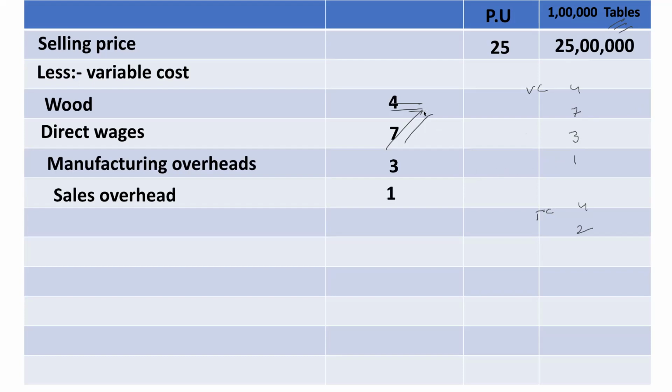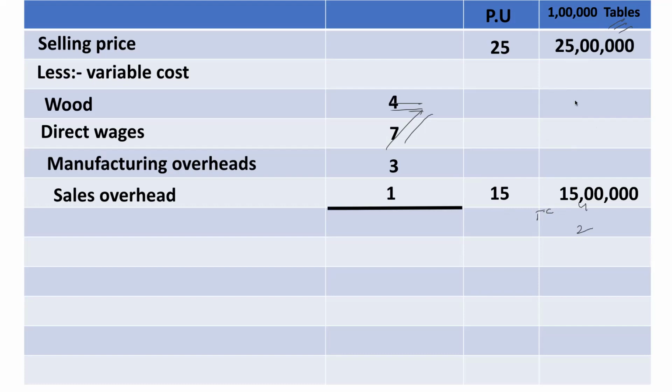Okay, you add all the 4 figures, the total variable cost comes up to 15. If you multiply with the total number of units, 1 lakh, you're going to get your total variable cost as 15 lakhs.